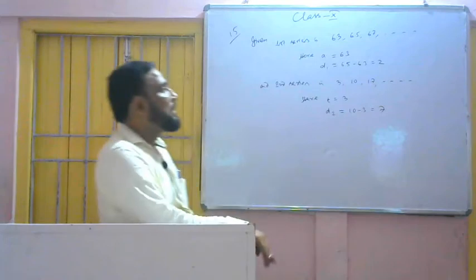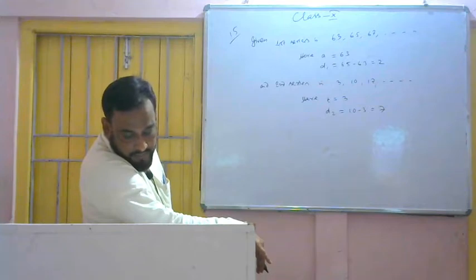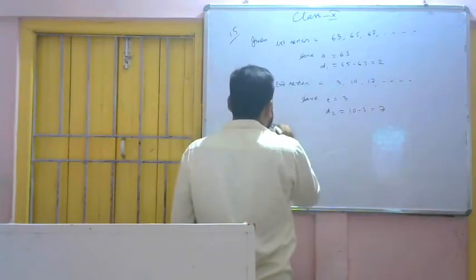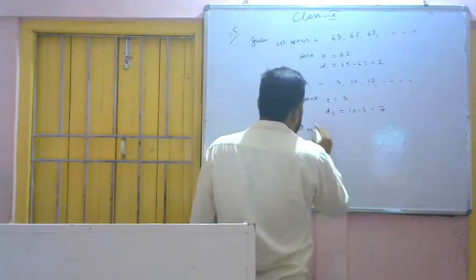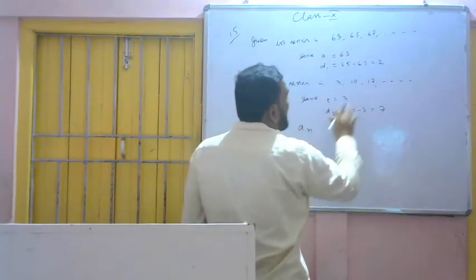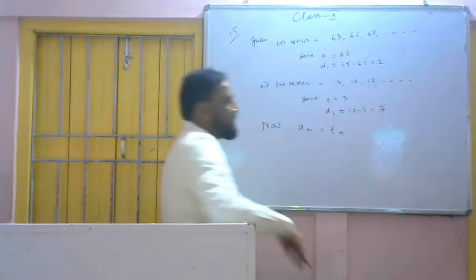Okay? Now, in your question it is given: for what value of n are the nth terms of the two series equal. Now, for the first series the nth term is an, and for the second series the nth term is tn.